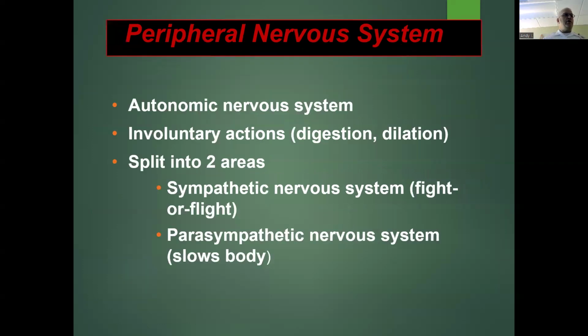So the autonomic nervous system controls involuntary actions. So the digestion, dilation of your blood vessels, that area is split into two different areas. The autonomic nervous system is split into two: sympathetic and parasympathetic.